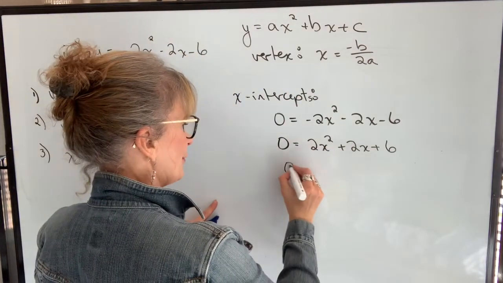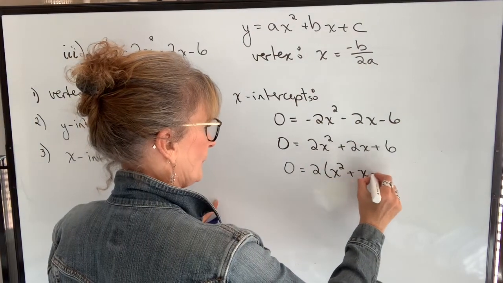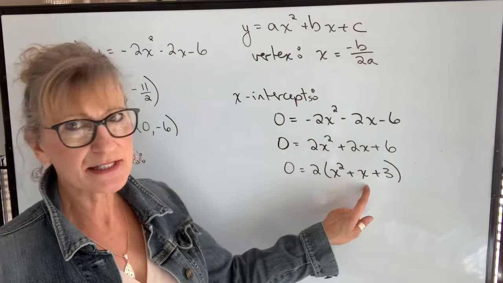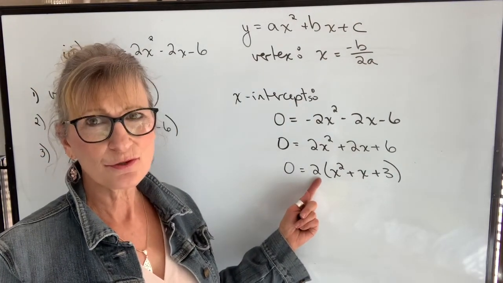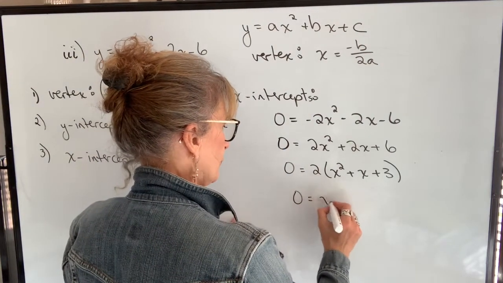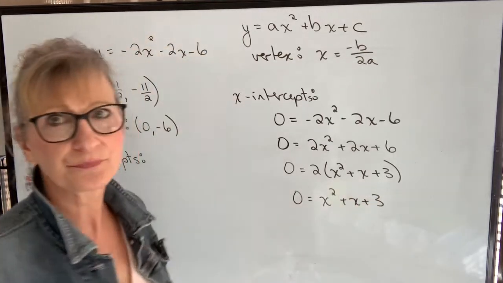Next, I'm going to factor out a 2. When you have a constant times something equal to 0, that constant can't equal 0. So I'm just going to divide through by it. So my equation will be x squared plus x plus 3 equals 0.